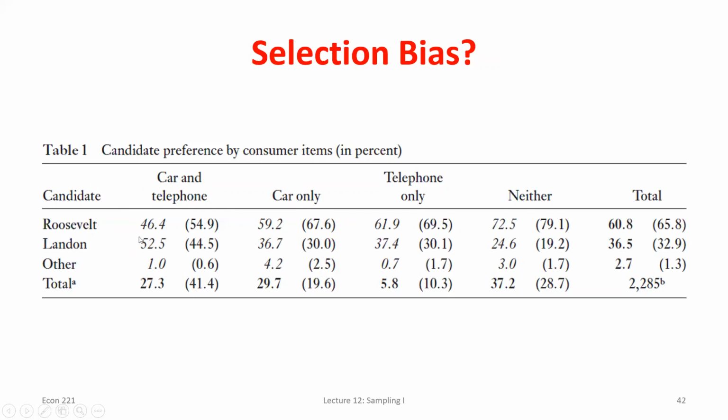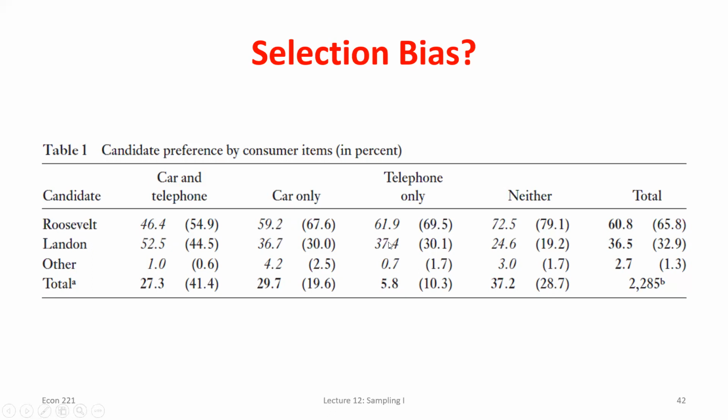These are people who actually voted in the election for Roosevelt and Landon. Now, for people who only owned a car, not both, only 37% of them voted for Landon. So even if they had just used car registrations, the prediction of this poll would have been a lot more accurate.